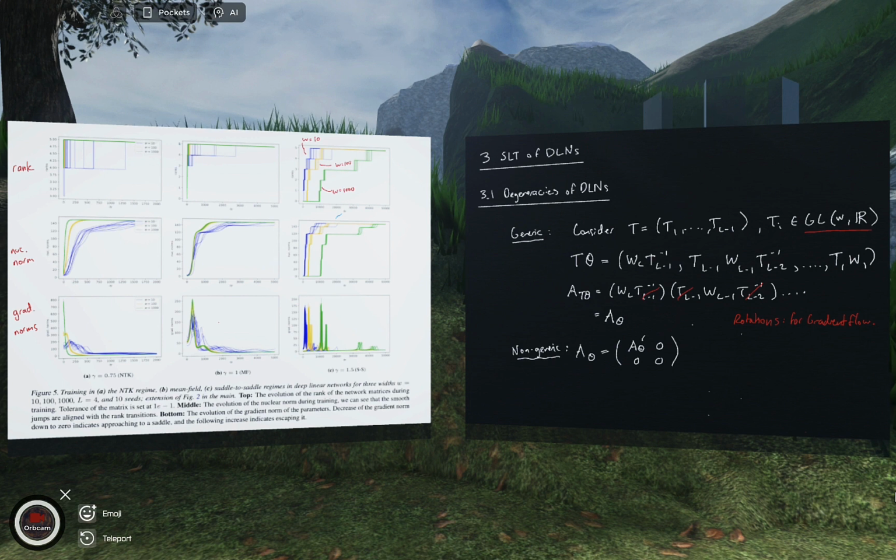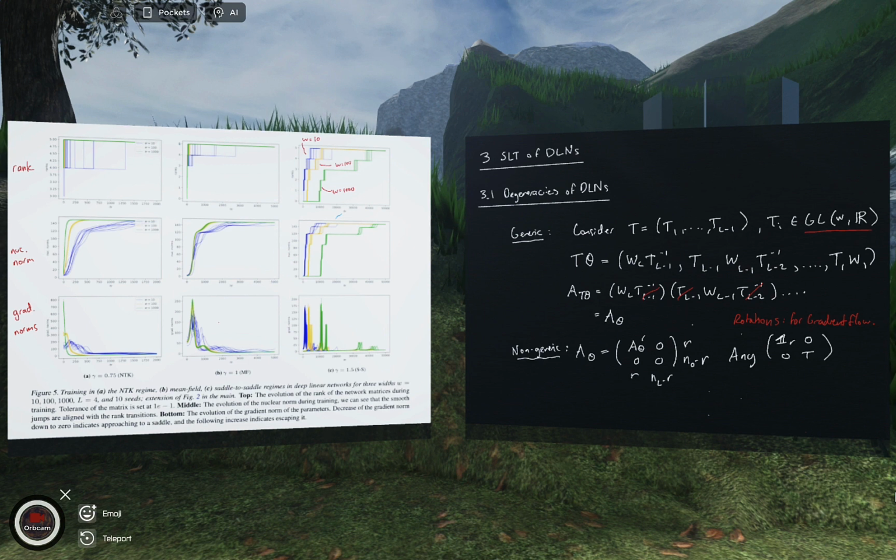If it has rank R, then we have these zeros over here, and we can apply any transformation that leaves that null space invariant. So I'll write it down like this.